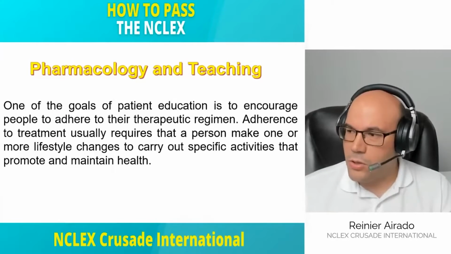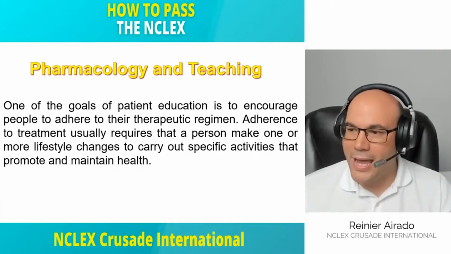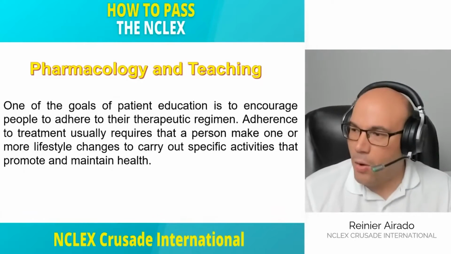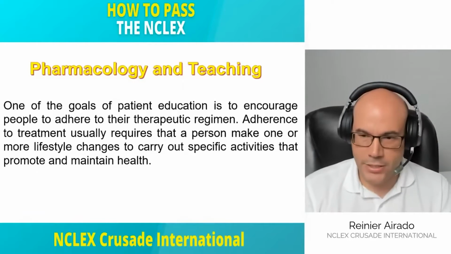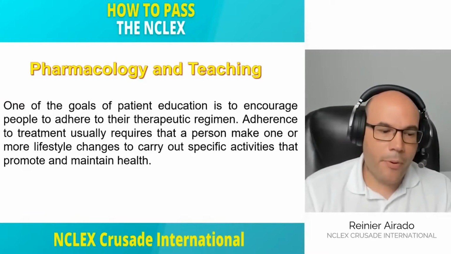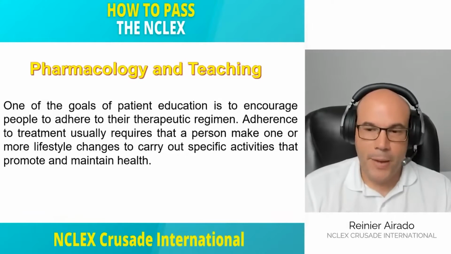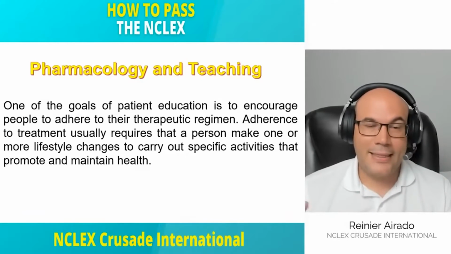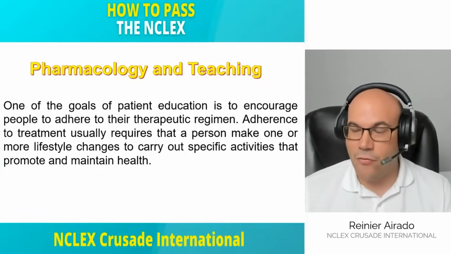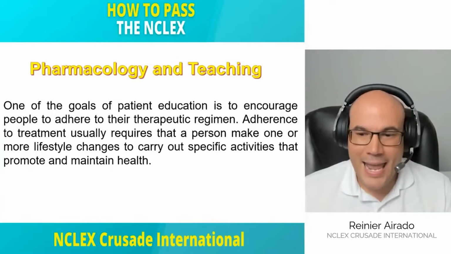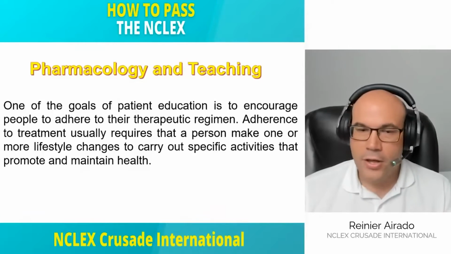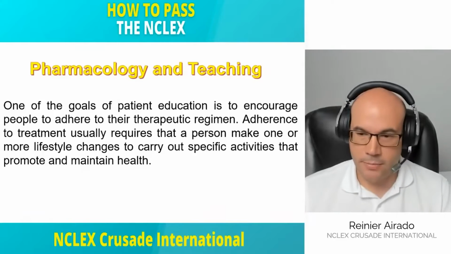One of the goals of patient education is to encourage the patient to adhere, to follow a therapeutic regimen. What is one of the problems that we see very frequently with patients and medications? That they don't follow the regimen. They don't adhere to or follow the therapeutic regimen.